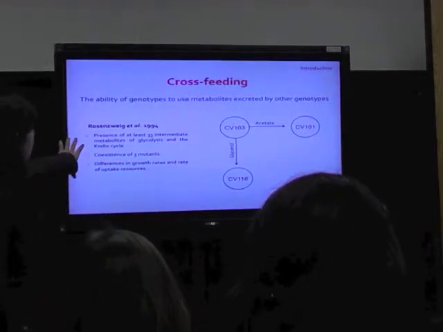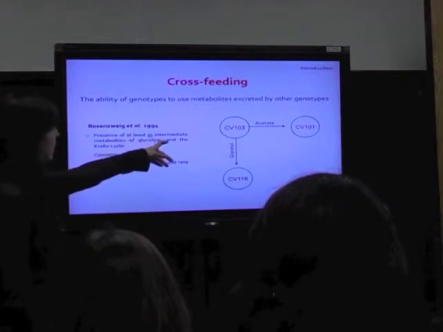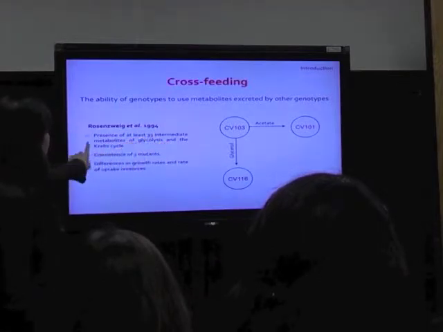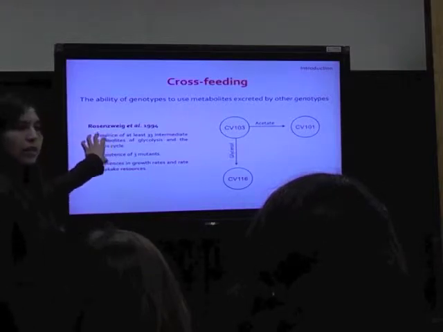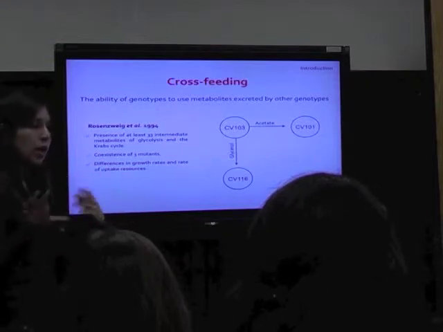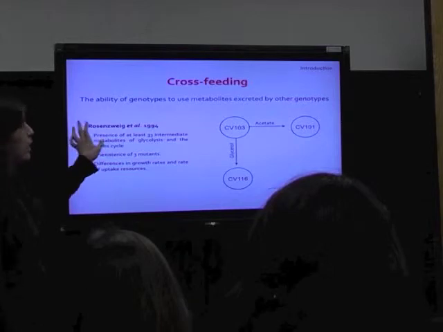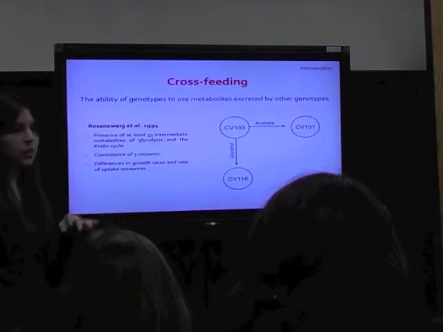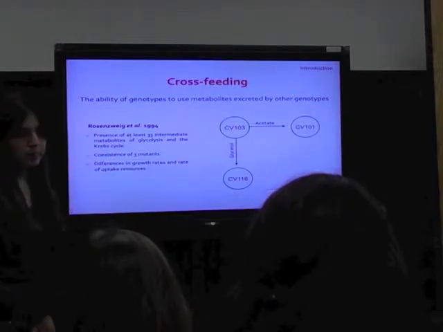So in this paper, the scientists did this experiment in a chemostat, so it's a continuous medium, but they discovered the presence of at least 33 intermediates of glycolysis and Krebs cycle.